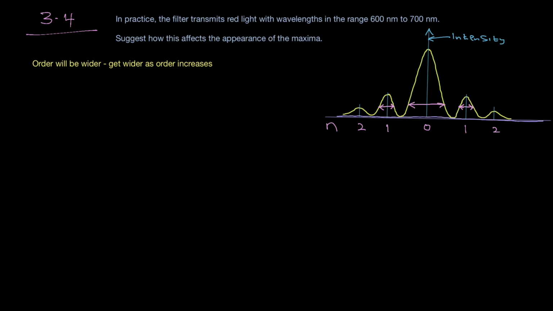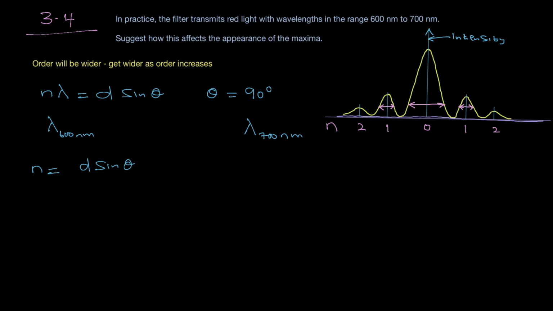So we can demonstrate by using Young's equation. So we know that n lambda equals d sine theta, where theta will be 90 degrees, and so we could find n for lambda 600 nanometers and lambda 700 nanometers. Rearranging the equation, n will be equal to d sine 90 over lambda.